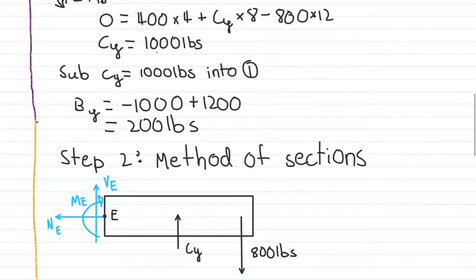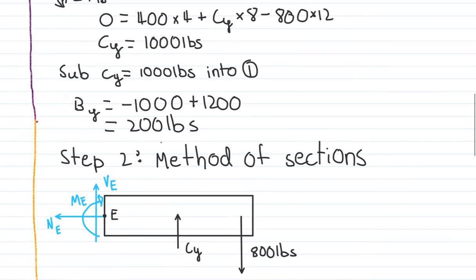So we find that Cy equals 1,000 pounds. We sub Cy equals 1,000 pounds into the first equation, and we find that By equals 200 pounds.